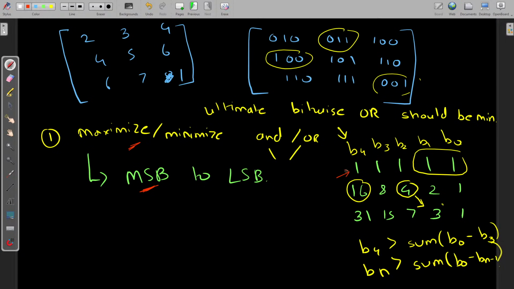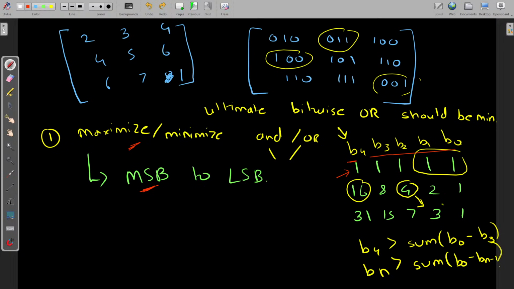Because if you don't include your MSB, then you will never be able to get a better answer using the remaining bits. So it's better to select MSB and discard all other values than to not select MSB in search of a better value in future.